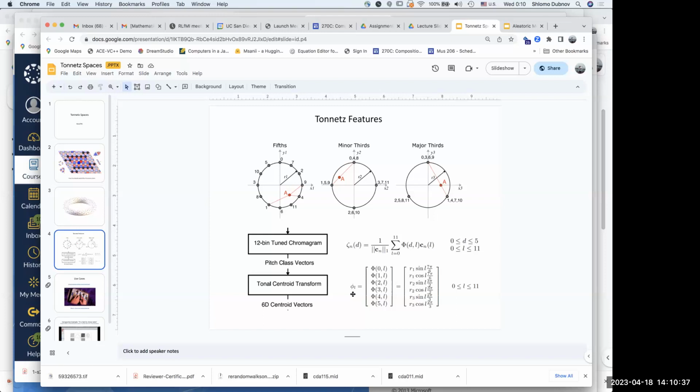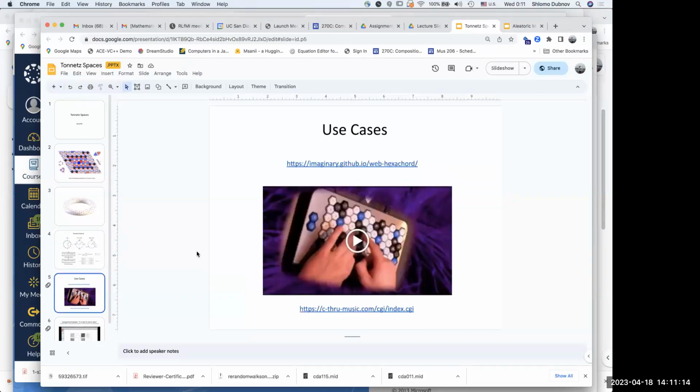So you multiply chroma by this matrix to get from a 12-dimensional representation of chroma to a 6-dimensional representation of these tonal relations, or the Tonnetz transform. And then you calculate Euclidean distances between chromograms. So well, let me jump back to homework before we, okay, so yeah, please check out these things.